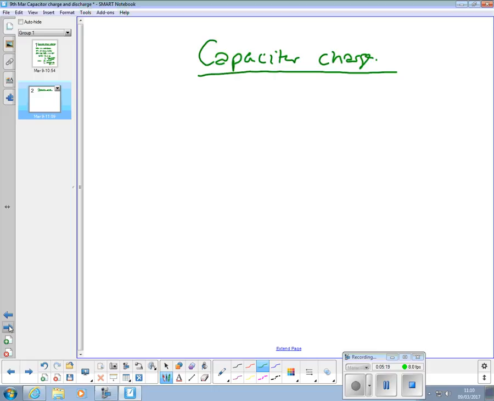So if we start our analysis with our circuit, we're going to have a resistor and a capacitor in series.